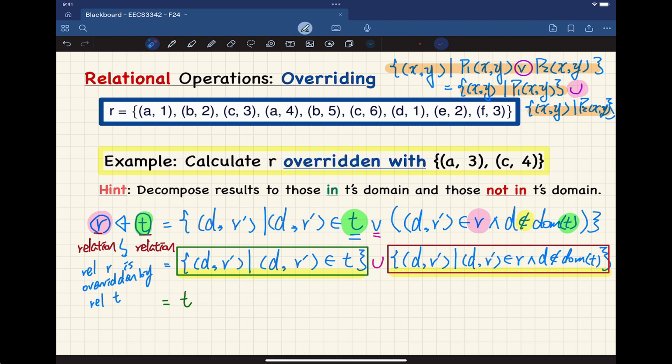I heard some keyword over here, I heard restriction. Okay, it's on the right track. Let me say it again. We're saying that all the pairs in R, but those pairs should not be in the domain of T. Is this more like a restriction or subtraction idea? Somehow we want to exclude those that are in T. We want to keep those that are not in the domain of T.